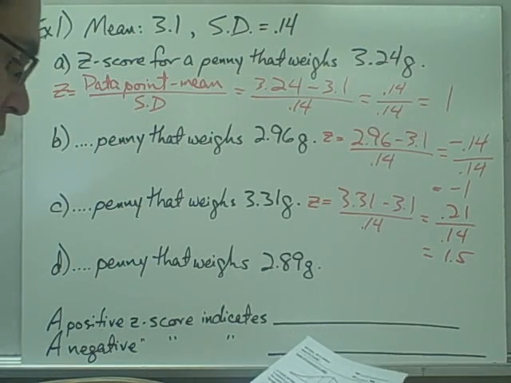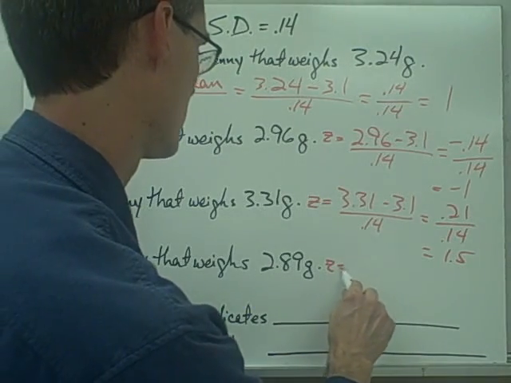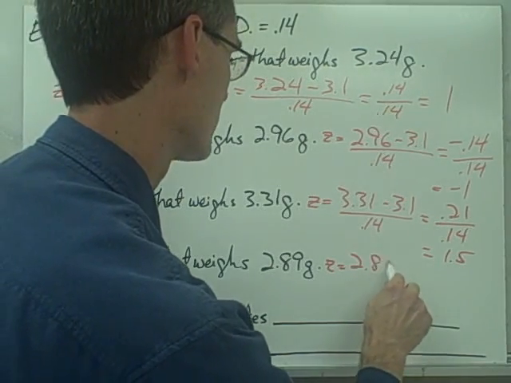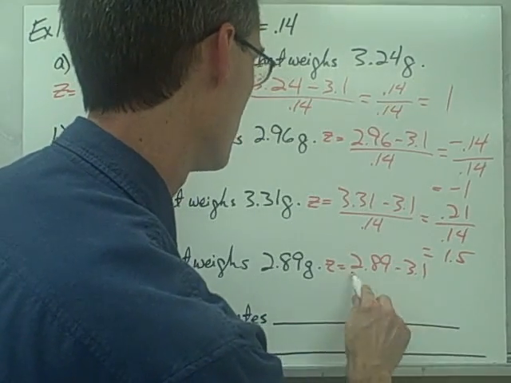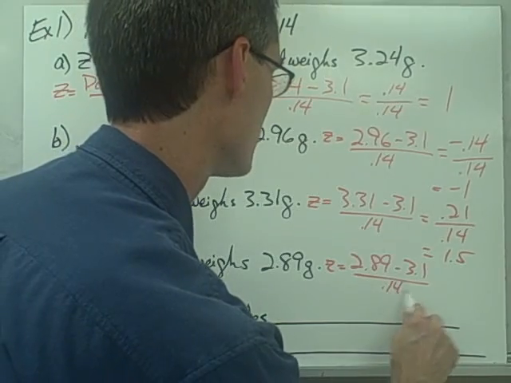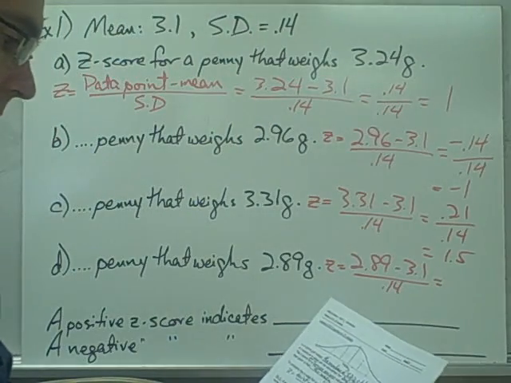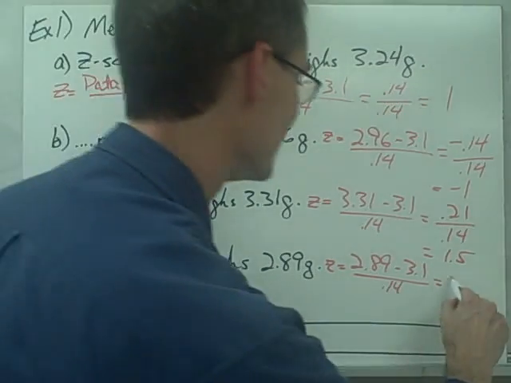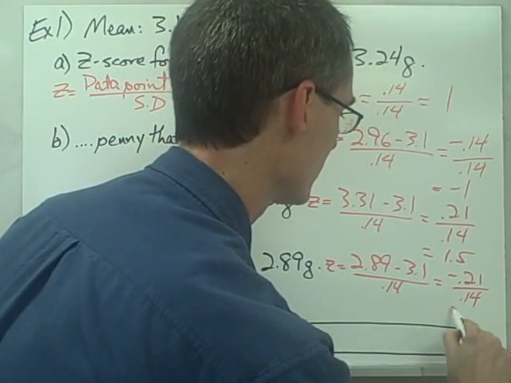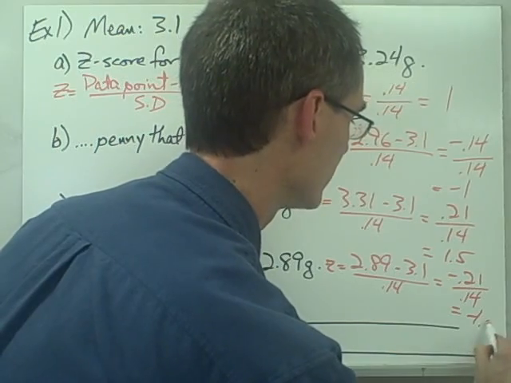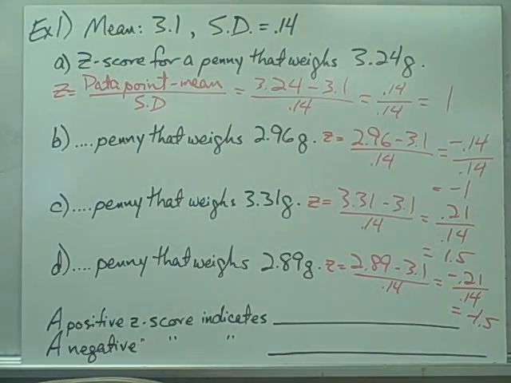Z-score for a penny that weighs 2.89: z equals 2.89 minus the mean, 3.1, divided by the standard deviation, 0.14. And that's going to be negative 0.21 over 0.14, which is negative 1.5.